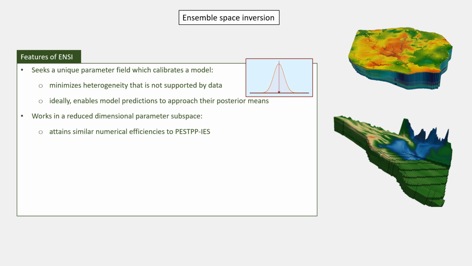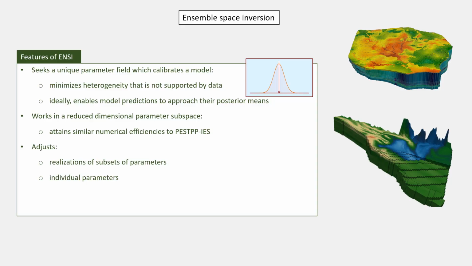But at the same time, we're borrowing some features from ensemble methods. We're working in a reduced dimensional subspace of parameter space. Therefore, the number of runs per iteration is roughly equal to the number of realizations that define that subspace.